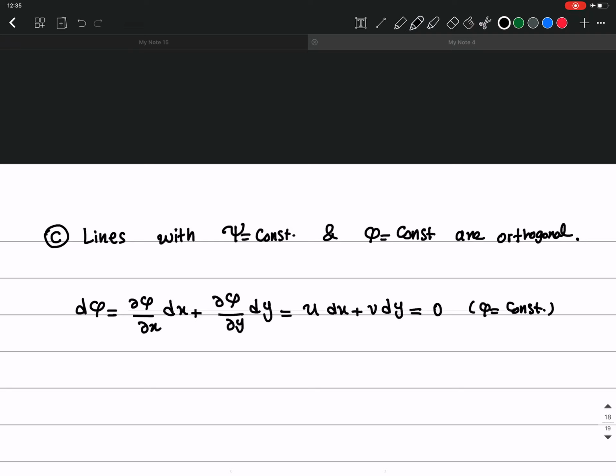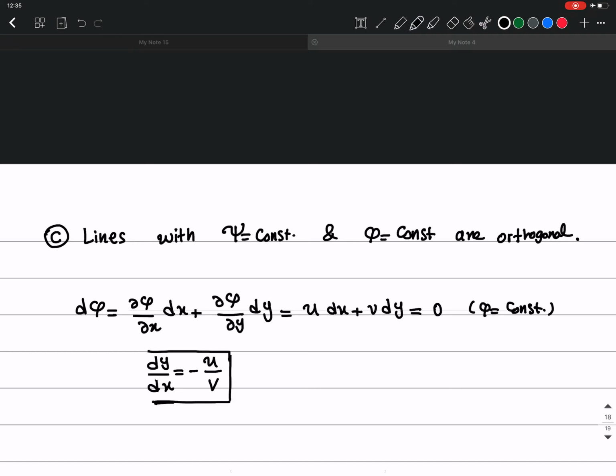So phi is constant, this is going to be 0. Okay, so this means that for this function, for constant phi, dy over dx is minus u over v. And for a constant psi, this was v over u.